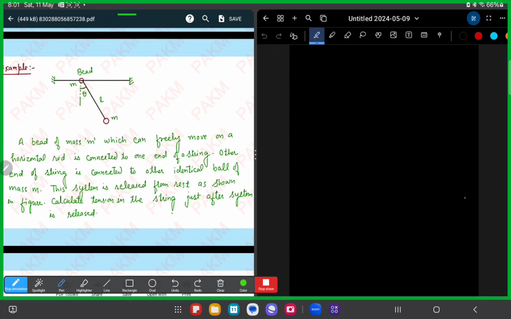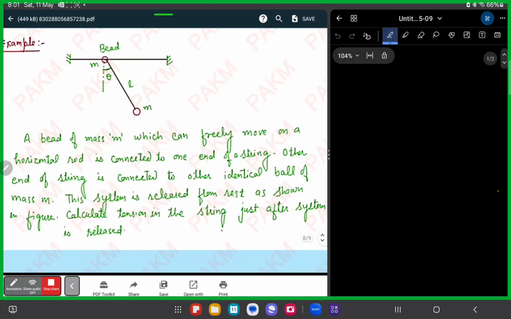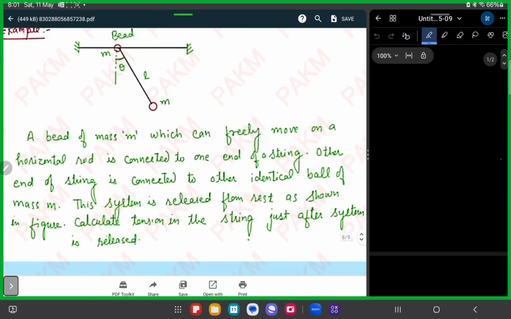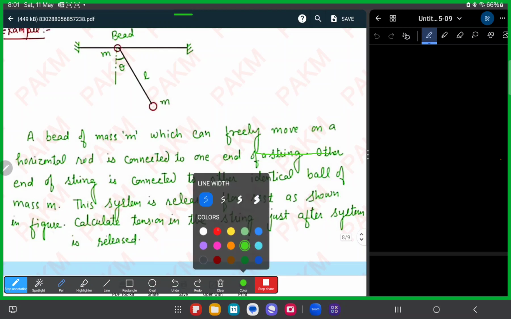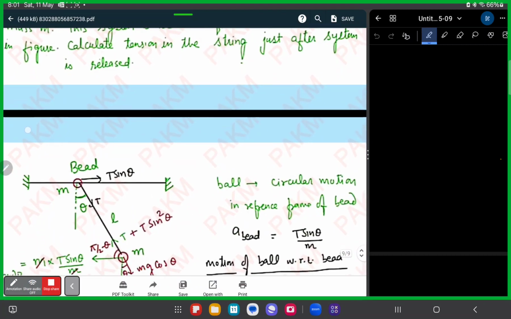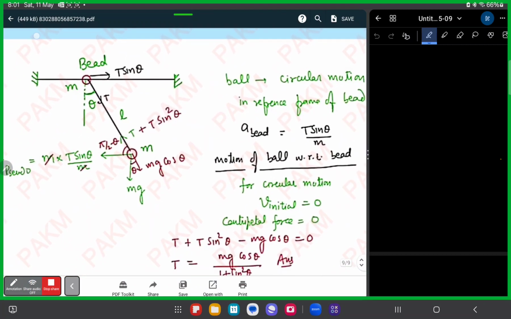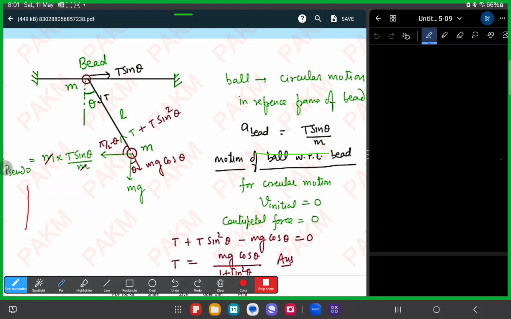Now let's quickly see. The tension force acting on it.